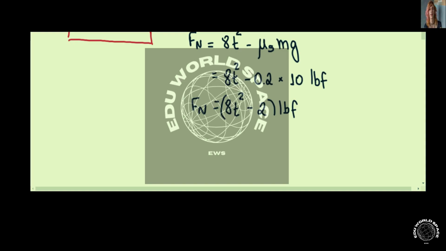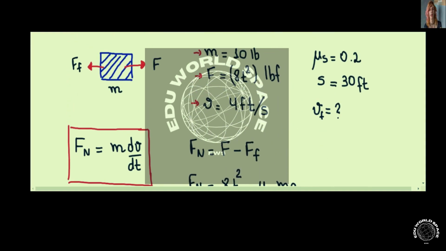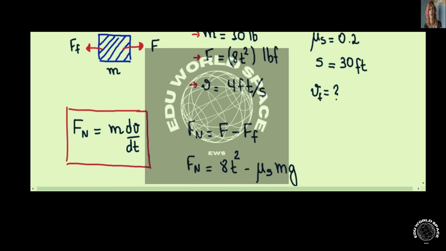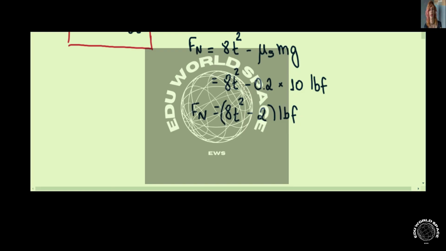Now in order to find the final speed, I'm going to integrate the force equation over time so that we can obtain the speed. Then I'm going to integrate again so we can obtain the position.